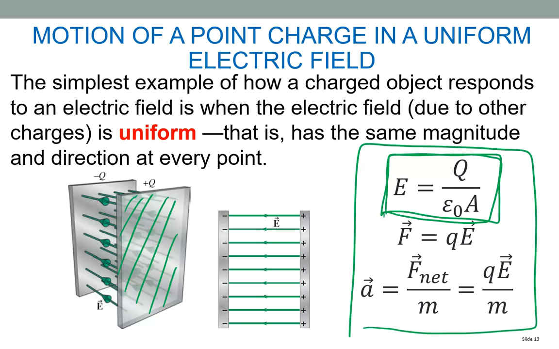But the net force is QE. And so I take this electric field, which has this magnitude, and multiply it by charge Q, divide by the mass, and that gives me the acceleration. That's exactly what one of your homework problems is.